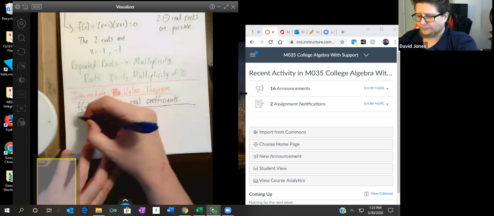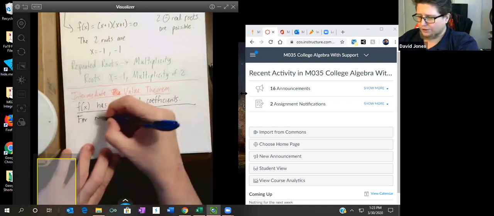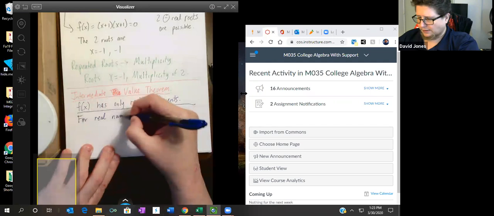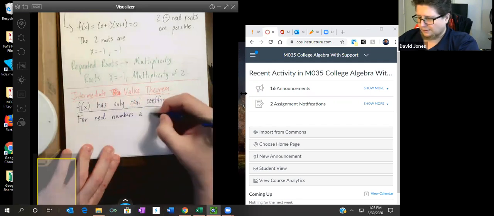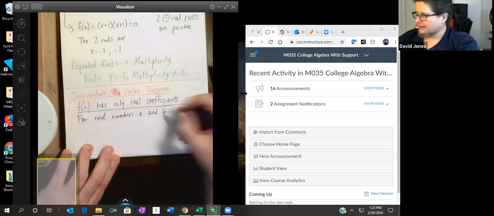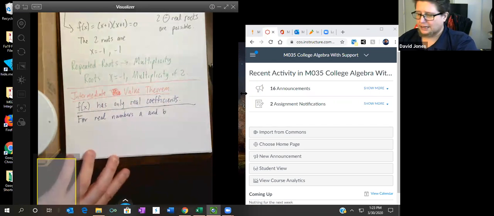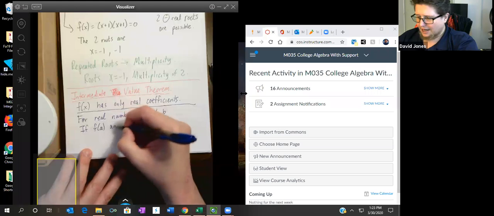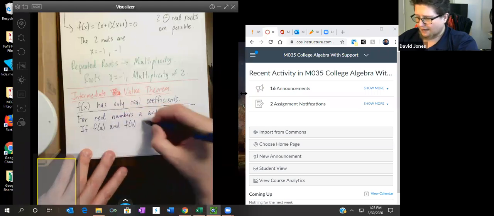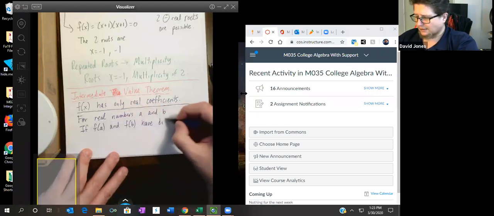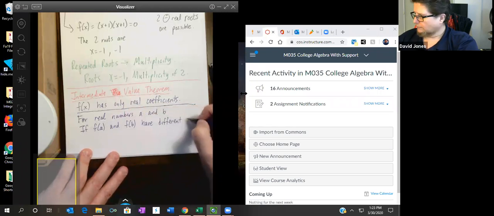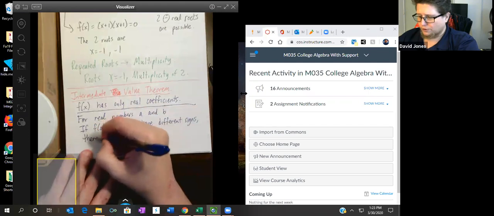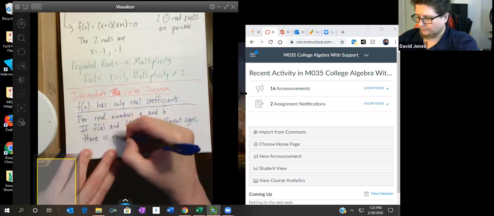Then for real numbers a and b, we used a and b because they can take any values, if f of a and f of b have different signs, there is a root or zero between them.